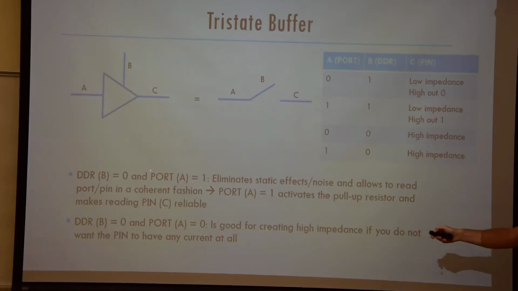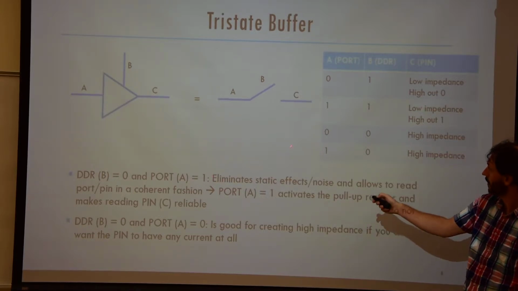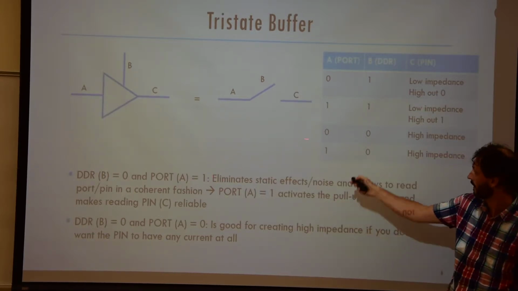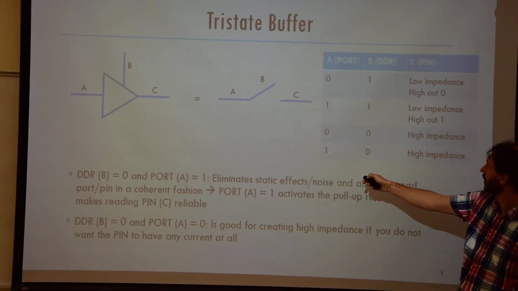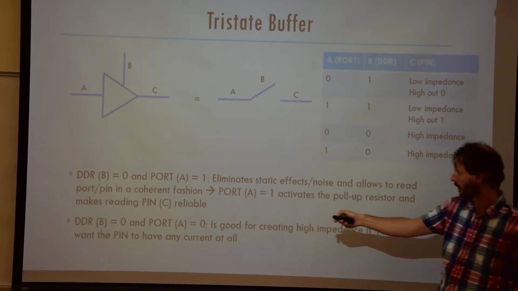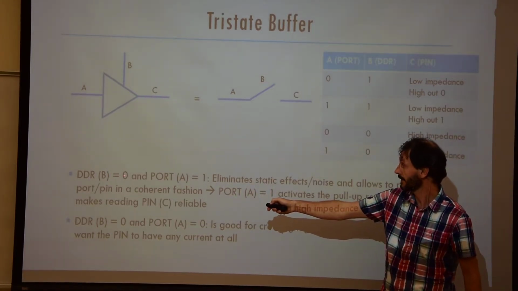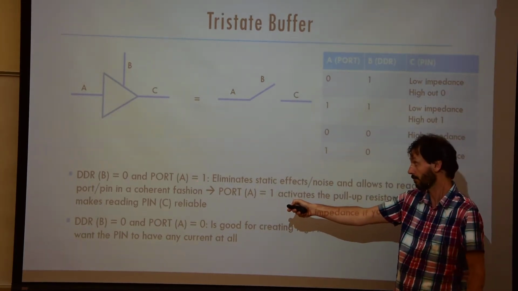But effectively, there are two cases. In this particular case, port A is set to 1, so I'm actually setting that to 1. And the register is 0, meaning that I'm only interested in inputs. I'm not really interested in making this an output at all.